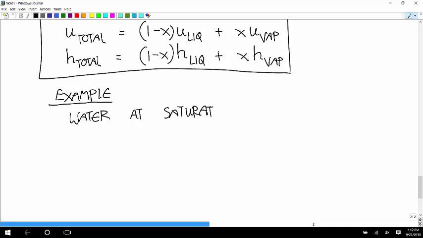So it's either saturated liquid or saturated vapor or some combination of the 2. Pressure of 5 bar with a specific volume of 0.15 cubic meters per kilogram.